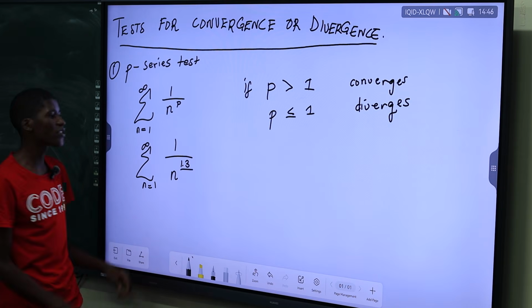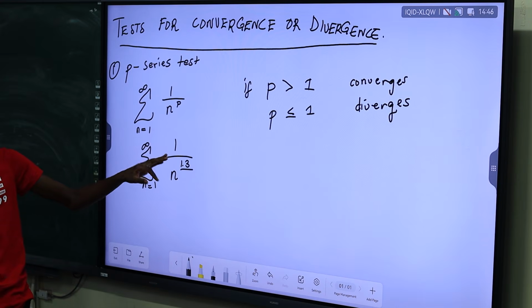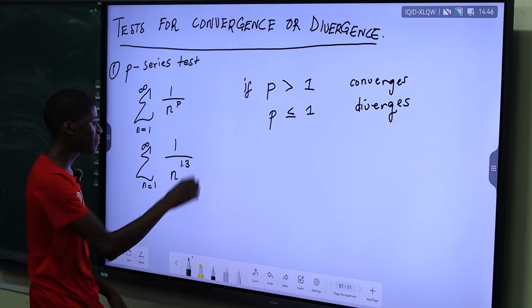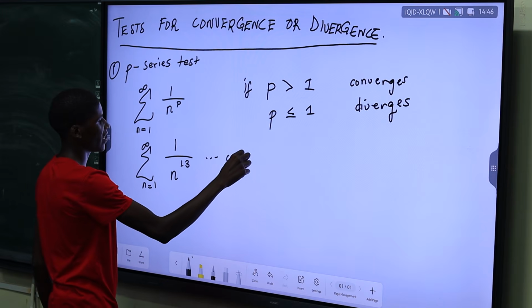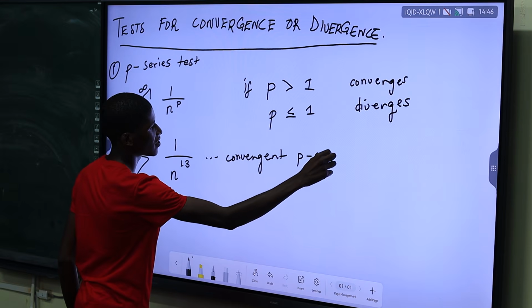This exponent, is it greater or less than 1? For this one, 1.3, it's greater than 1. So we can say that this p series converges. So this is a convergent p series.